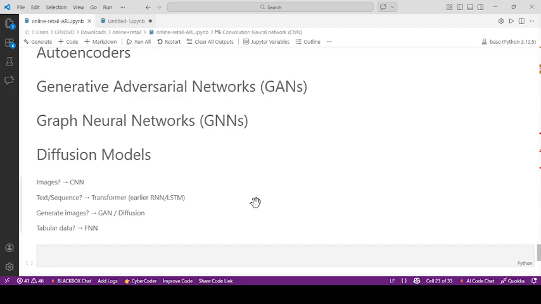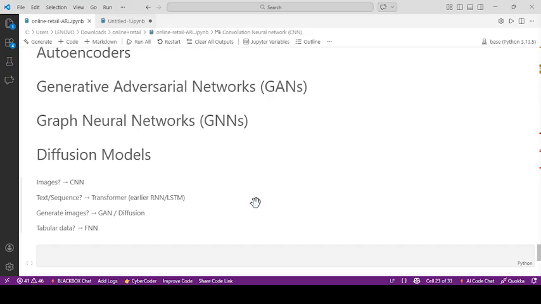If we have text data or sequential data like speech, paragraphs, messages, or articles, then you are supposed to use transformers, or previous versions like RNN and LSTM. RNN is the basic one, the next improved version of RNN is LSTM, and the improved version of LSTM is the transformer.